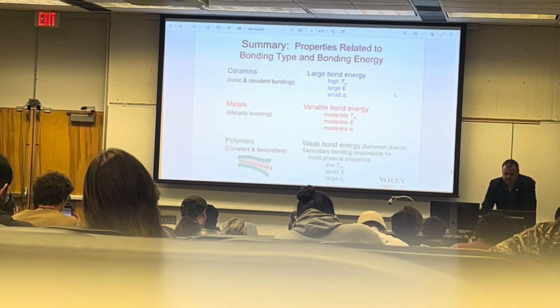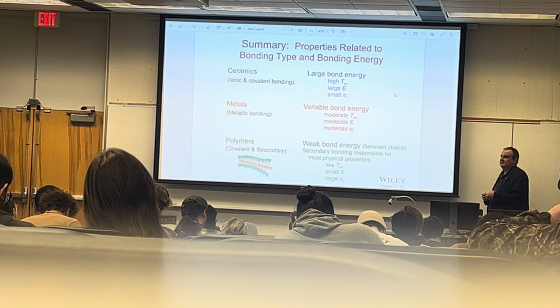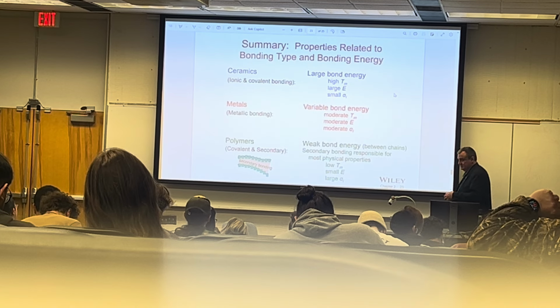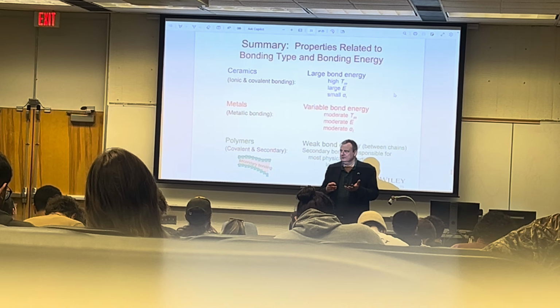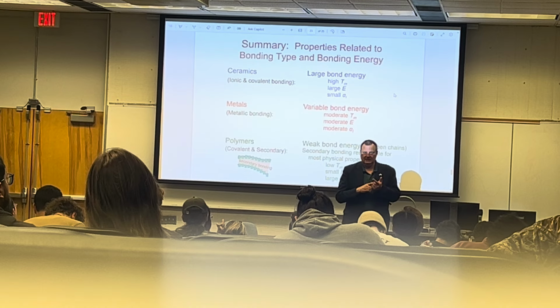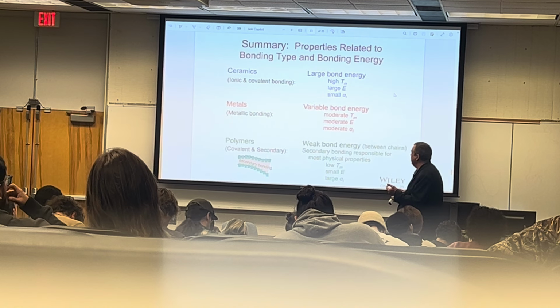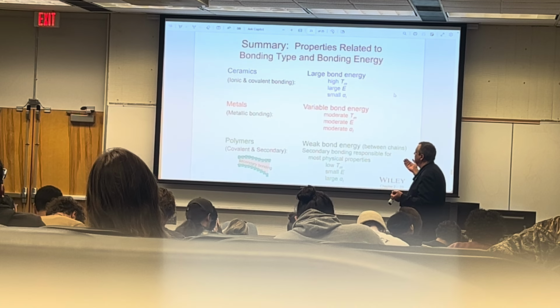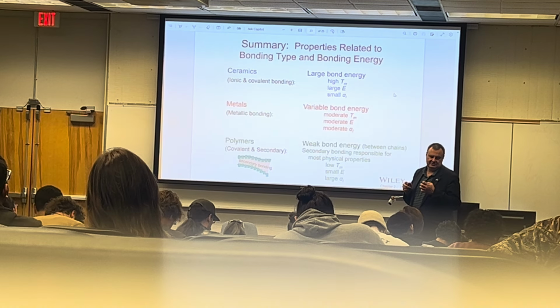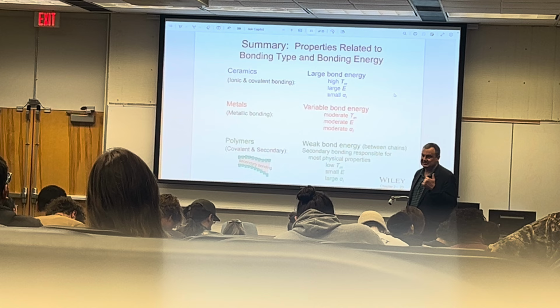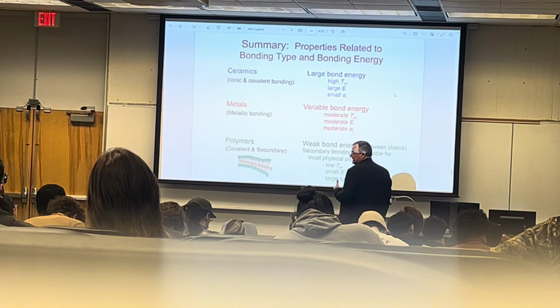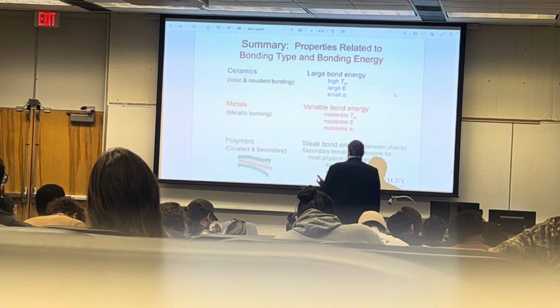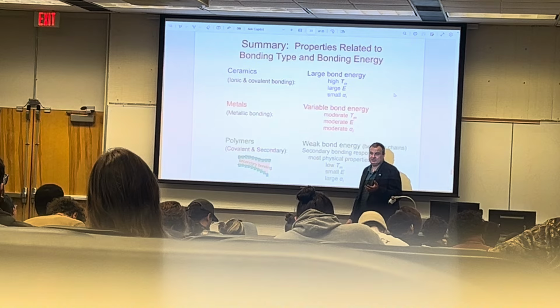And remember, there are 3 classes of materials. What are those classes? Polymers, ceramics, and metals. And that is the reason why the bonding of the atoms is actually determining the class of the materials. So for ceramics, which have both ionic and covalent bonding, there's high melting temperature, there's large E, and there's small thermal expansion coefficient.